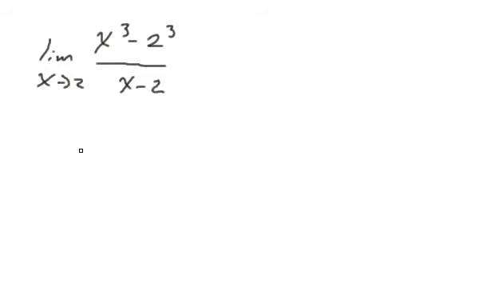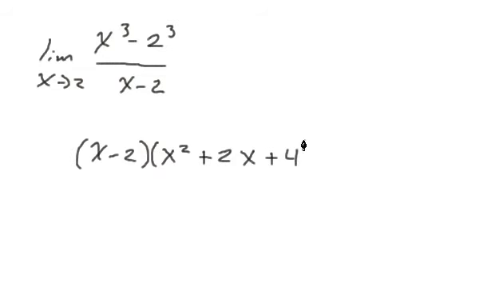So we're going to end up writing, first, x minus 2, put a parentheses around it, and then x squared, and just take the opposite of whatever this sign is, plus 2x, and then you square the 2. So whatever the number is here, we're going to square it. So this becomes a 4.